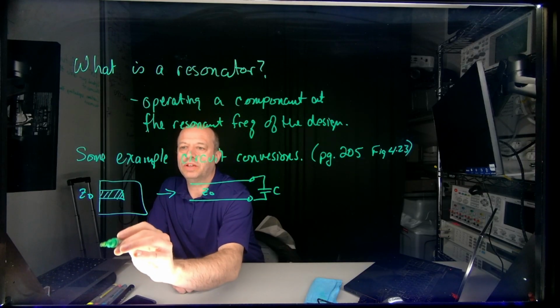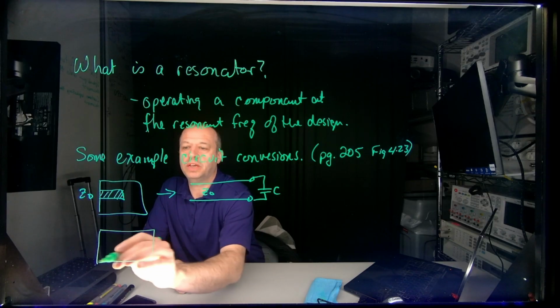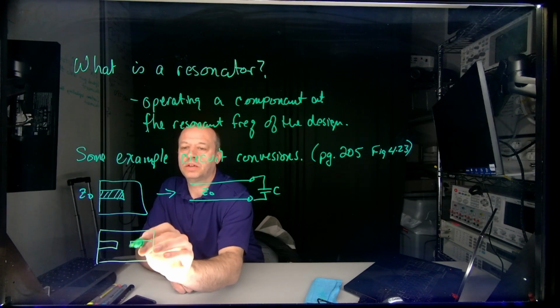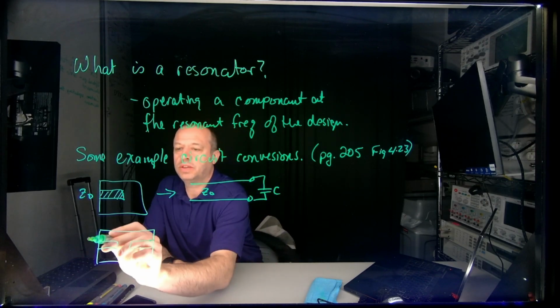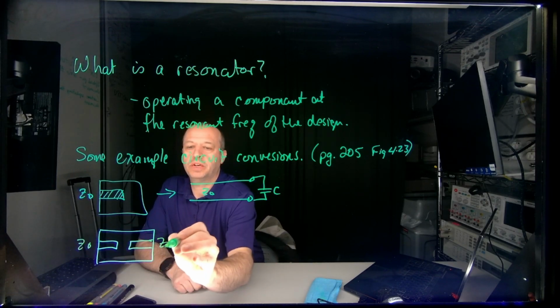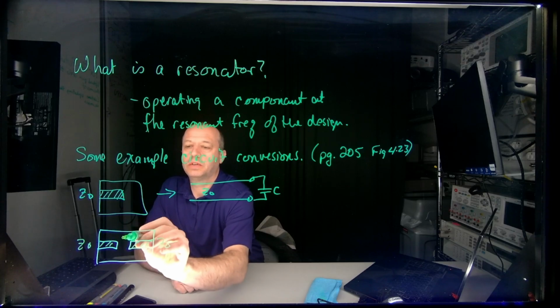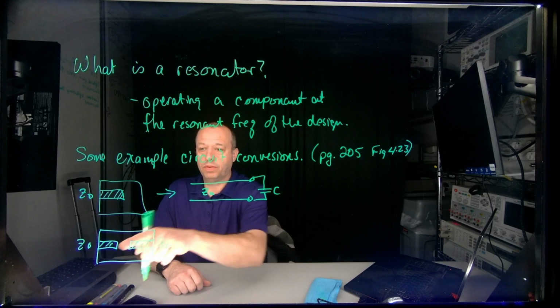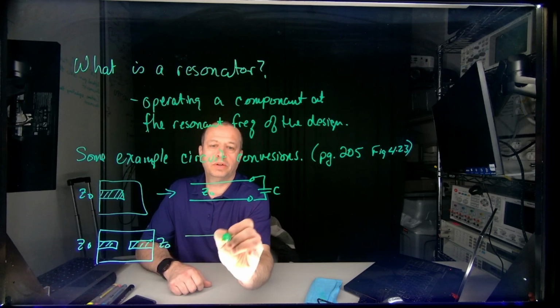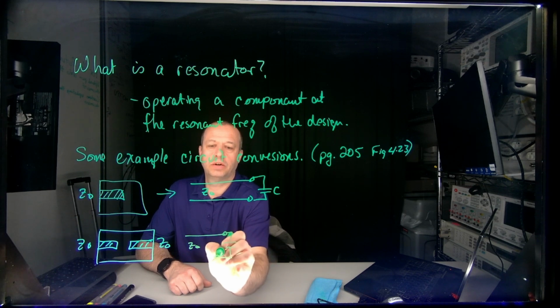The next one on this list happens to be two trace lines, both with equal characteristic impedances on a board, and each one has their own characteristic impedance with a capacitor.